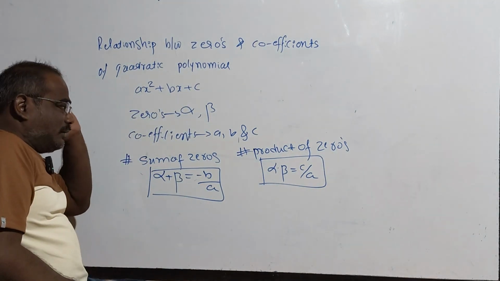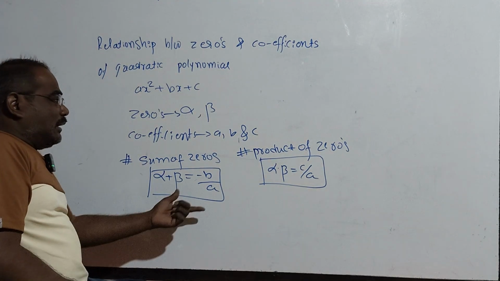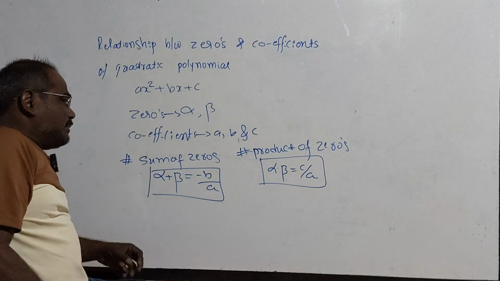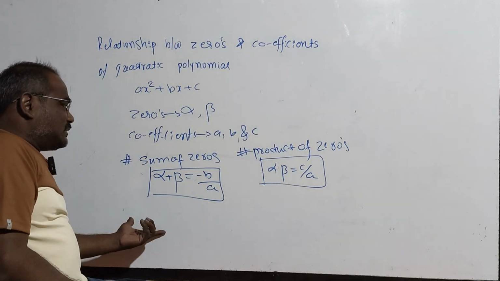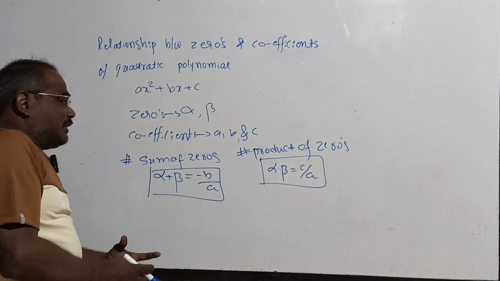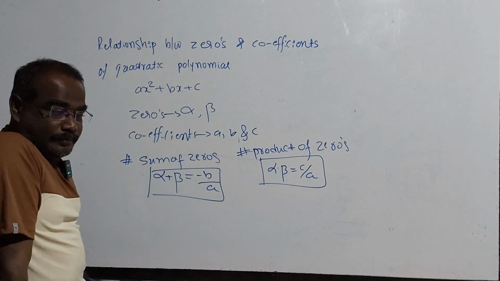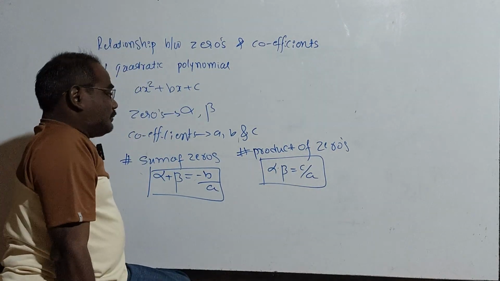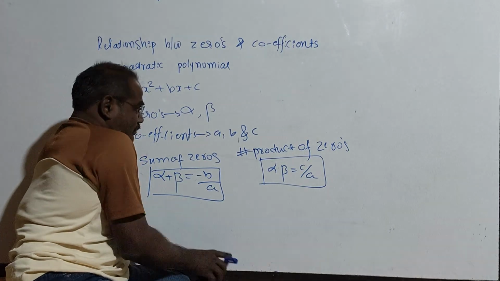This is the relationship between sum of zeros and product of zeros. Okay, in examinations, the question will come as you need to verify whether this holds or not. Okay, for that we will take one example.